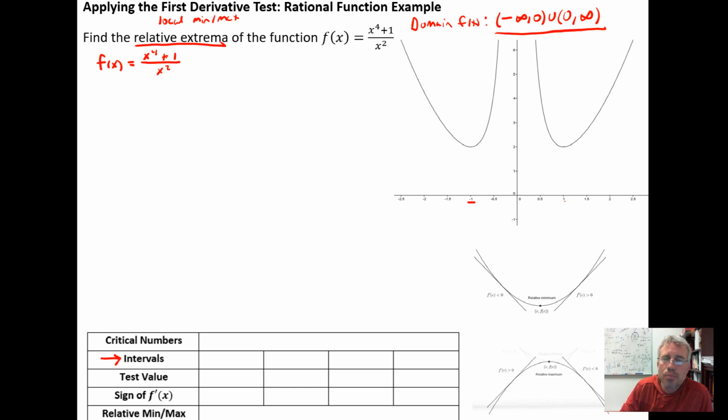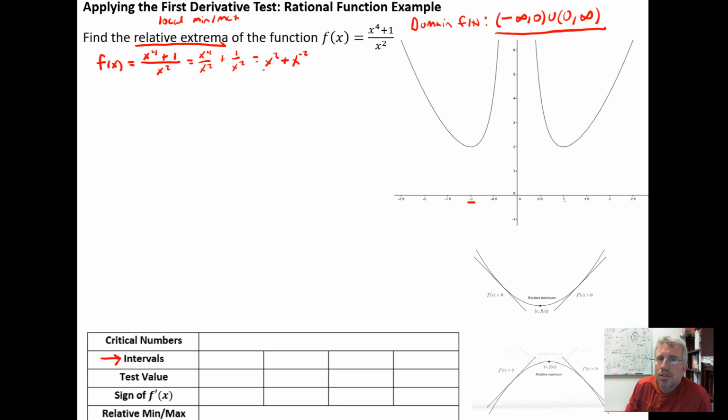One approach would be to work with this and use the quotient rule. The other approach would be to separate this into two fractions and write it as x to the fourth over x squared plus 1 over x squared, which would just be x squared plus x to the -2.